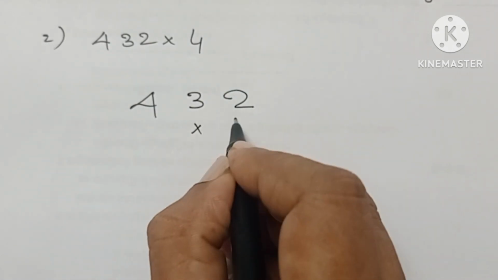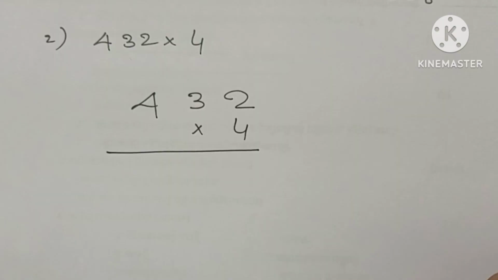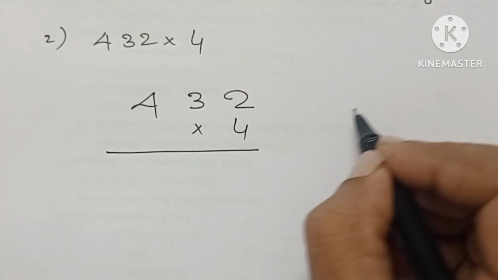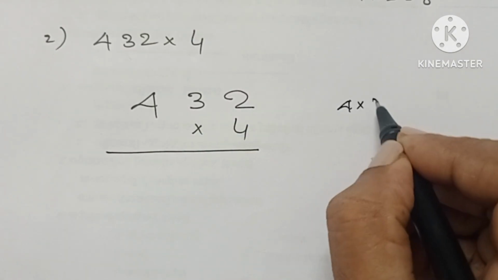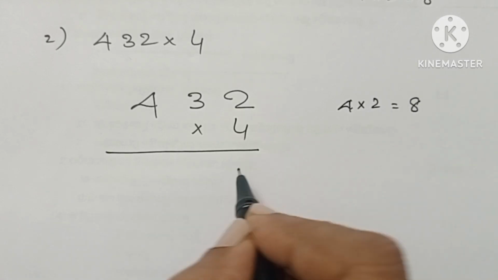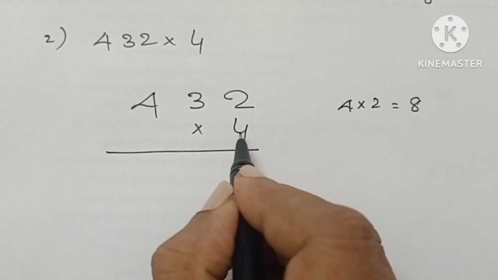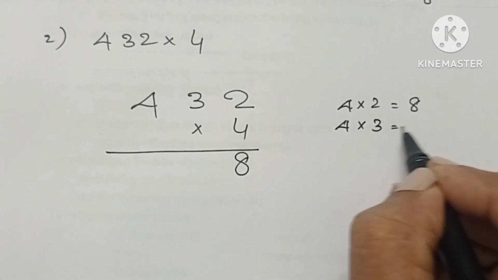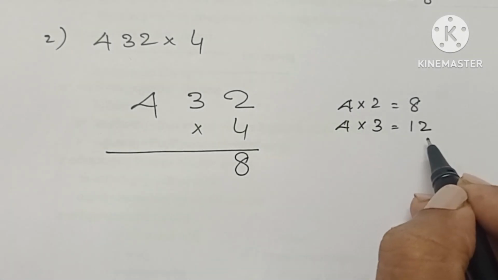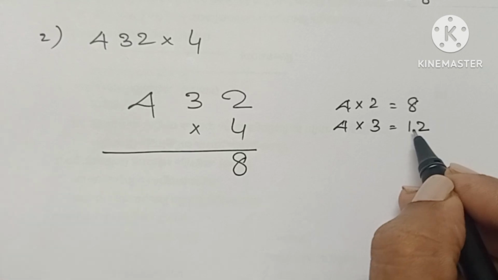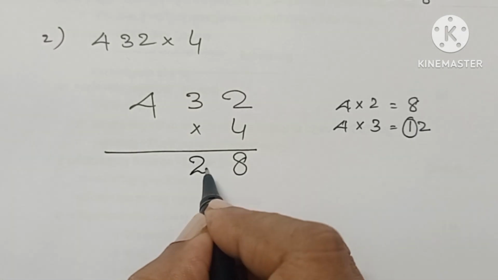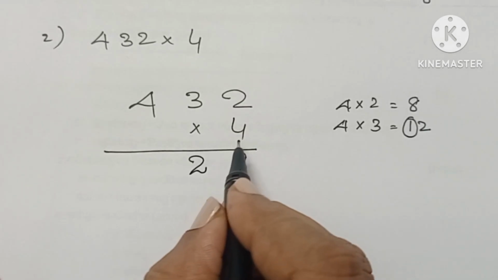432 into 4. We are multiplying with 4. First one, 4 into 2 equal to 8. We are writing here. Next one is 4 into 3. It is 12. 2 only we are writing and 1 we are taking as a carryover. 2 we are writing in the tens place.